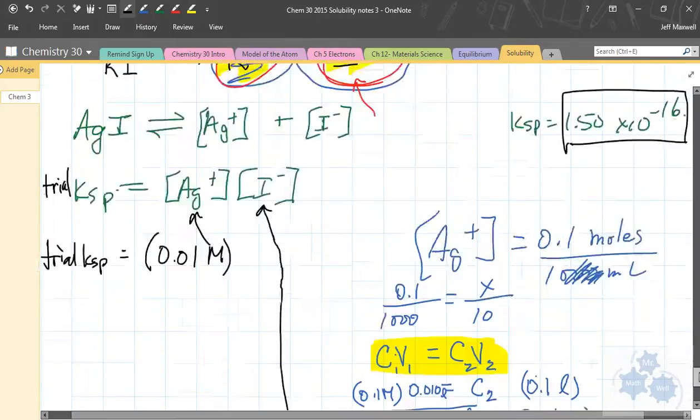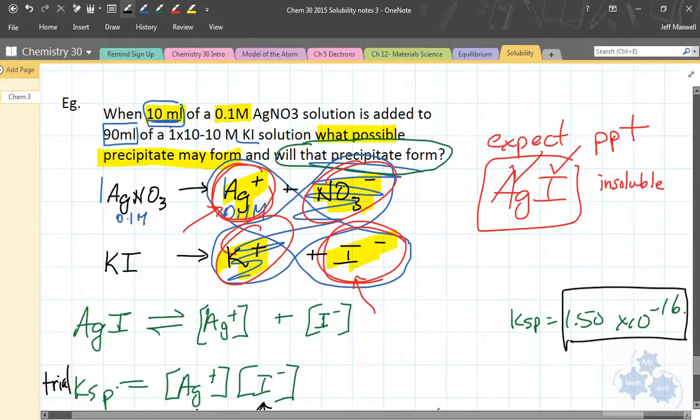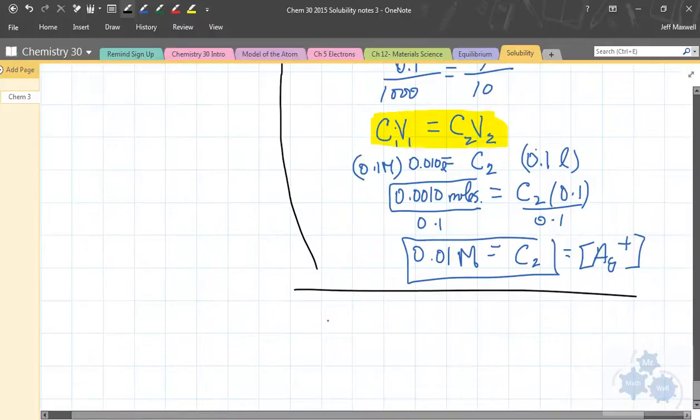Okay, the iodide. What do we have? We have 90 mL, so there's your V1, and 1 times 10 to the negative 10 molar, that's your concentration 1. So C1V1 equals C2V2. We fill that in.